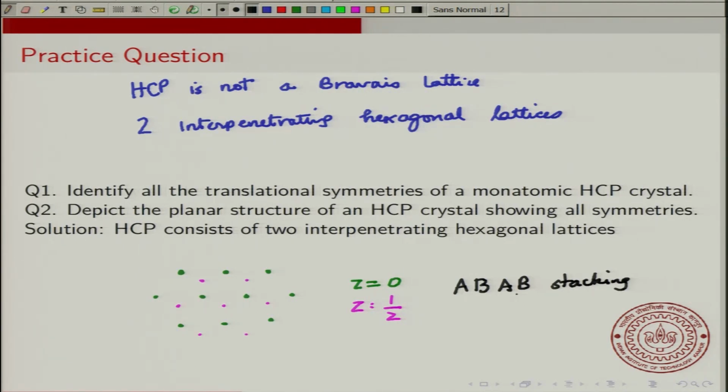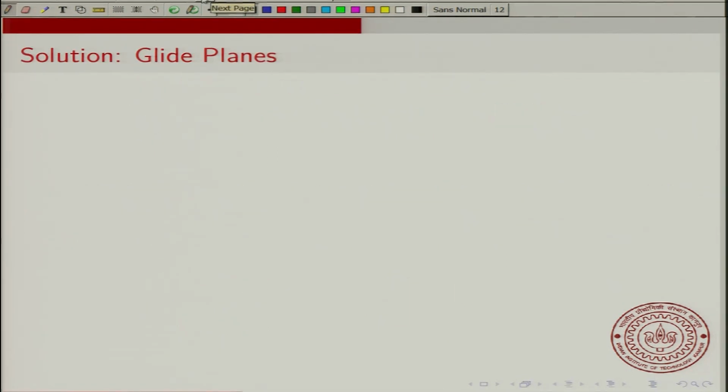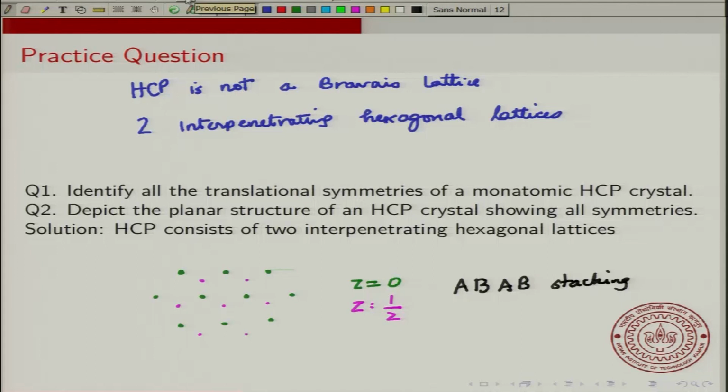Now how do we show what are the translational symmetries of this HCP crystal? Now let us look at the glide planes. Before we look at the glide planes, it is instructive to think what would be a suitable unit cell for this HCP lattice.